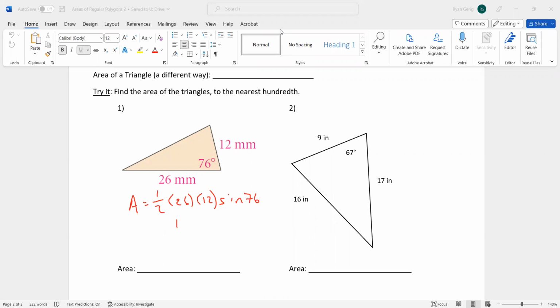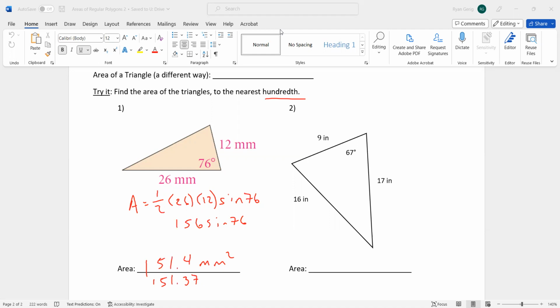So it's 156 sine 76. So 156 times the sine of 76 is 151.4 millimeters squared. Okay. Oh, and it says to the nearest 100th. So I didn't do that quite right. It's 151.366. The 37 would be the answer here.